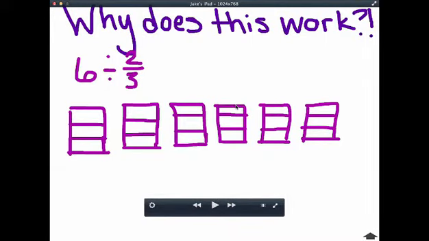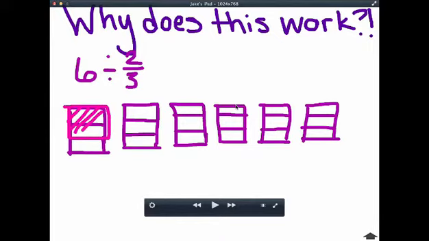Alright, so now I have to figure out how many servings of 2/3 are in the container. Since I've broken it up into thirds, I can find 2 very easily.